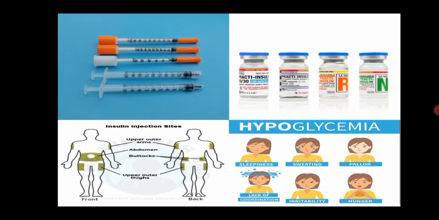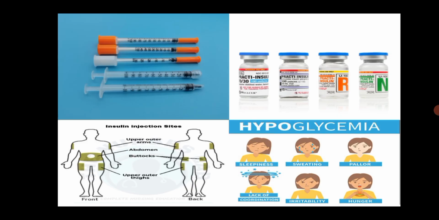We have talked about the types. Also confirm the correct dose, monitor for hypoglycemia, teach the patient about insulin use, and teach proper storage of insulin, whether it is opened or not opened, just like we have discussed.